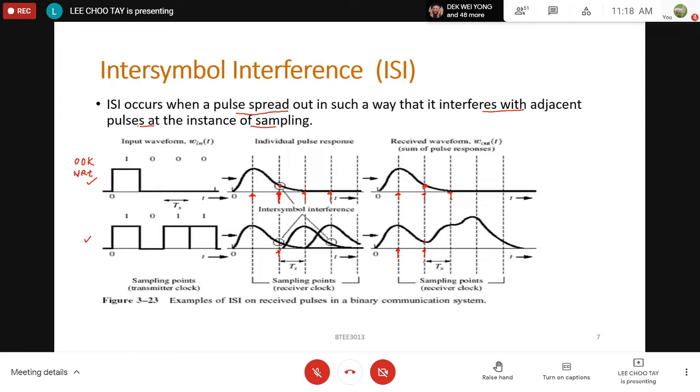The third sample is a 1, so we shouldn't have any problem decoding it. The third sample again is a 1, so again we shouldn't have a problem decoding it. But the fourth sample is supposed to be a 0, and again the sampling will reach a certain amplitude over here.